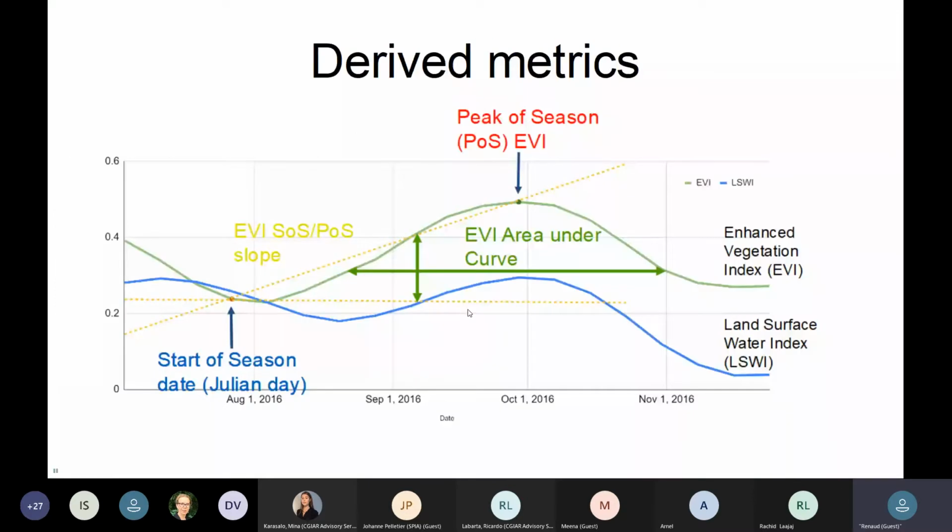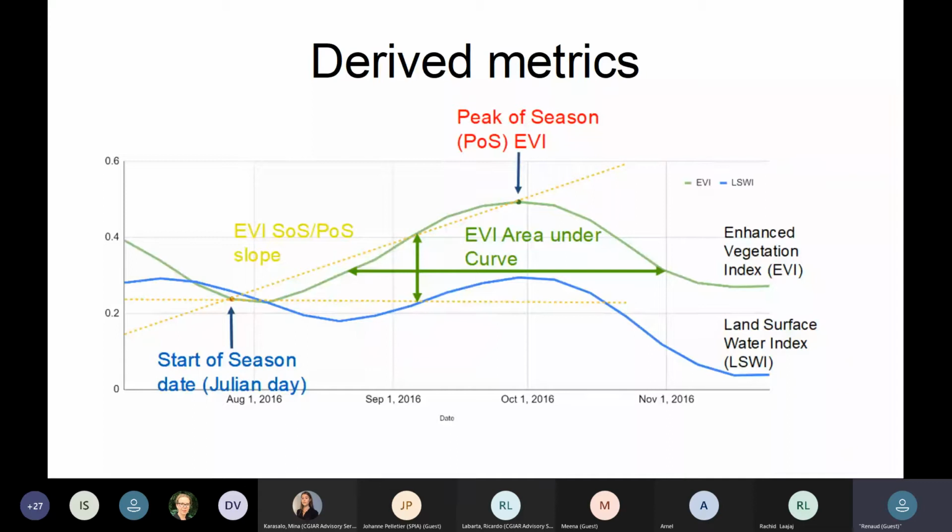Then once we have these different data sets, the final step before we could start the analysis was to derive a number of metrics. I come back to my earlier graphs. Just to give examples of metrics that we've been extracting for each pixel, either rice or non-rice pixels, as well as flooded or non-flooded pixels.